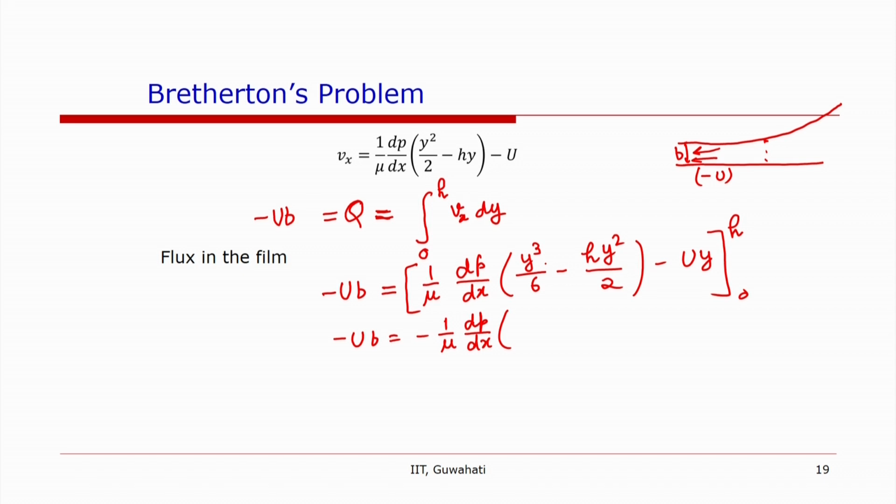This is h cube over 6 minus 0, so this will be h cube minus 6 minus h cube over 2.